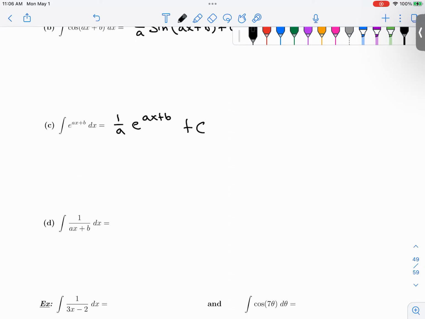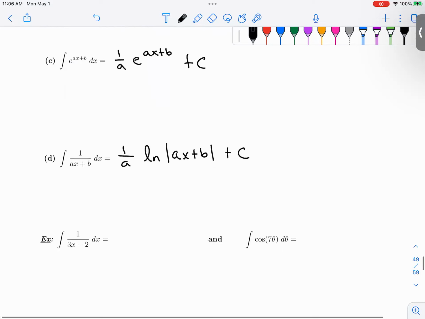A lot of times you get something like 1 over 2x plus 5. Those ones already take so long that it might be nice to just know this rule. So it's 1 over A natural log of absolute value of Ax plus B plus the constant C. So here are some examples of how to use this once you've written them down.